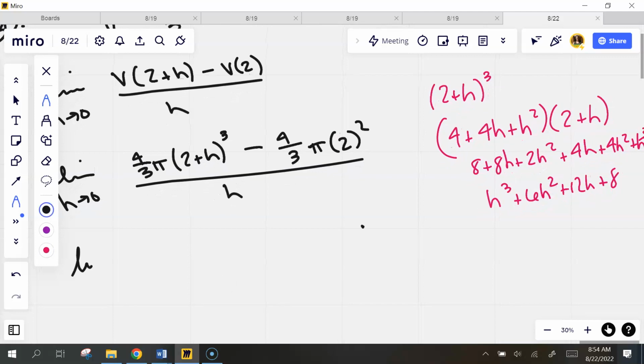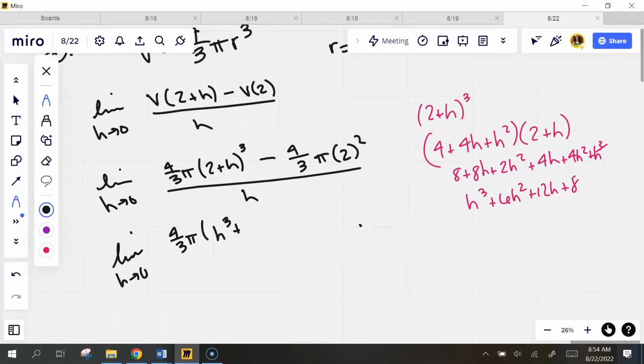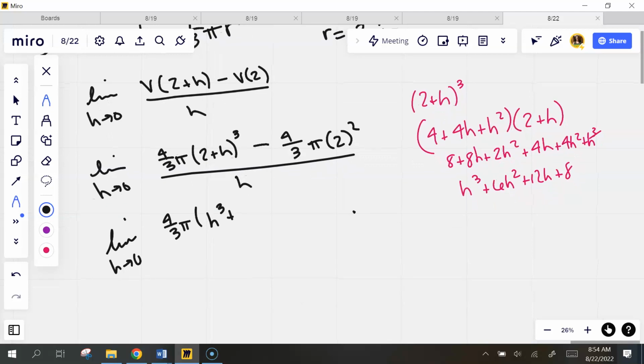Now remember, this is all times 4/3 pi. Good. I'm actually going to make this 16 over 3.